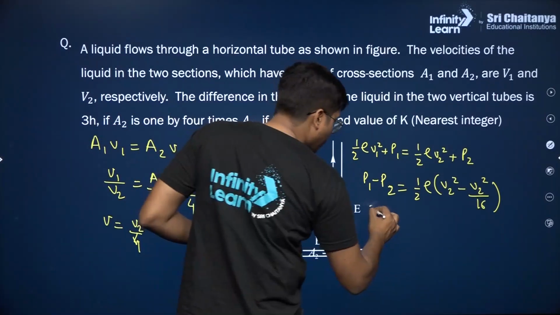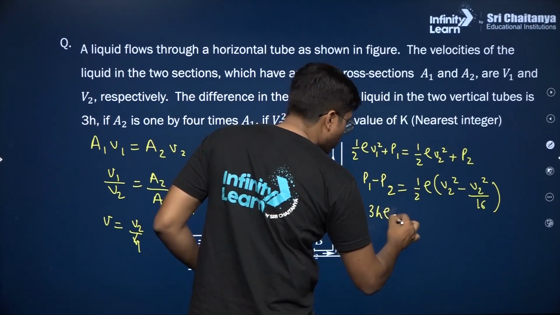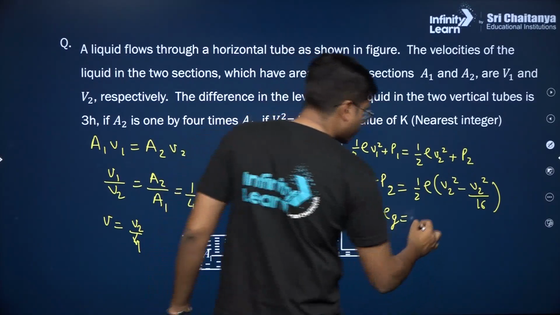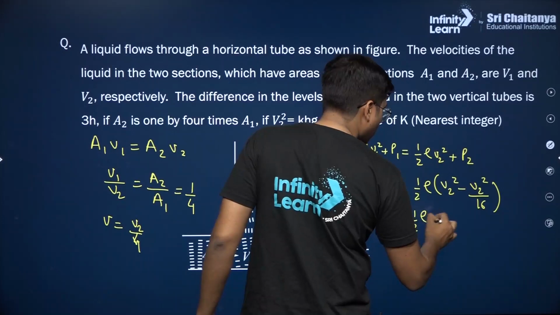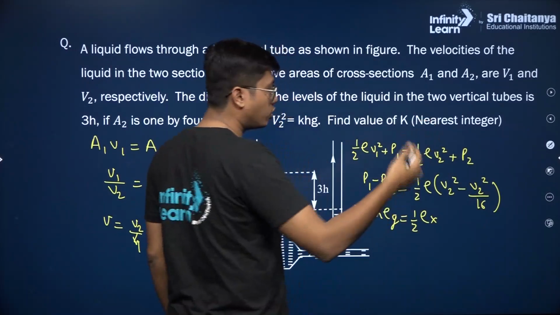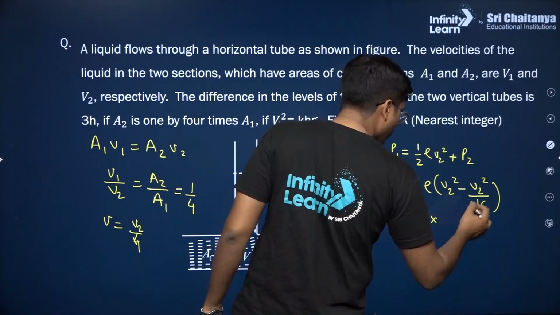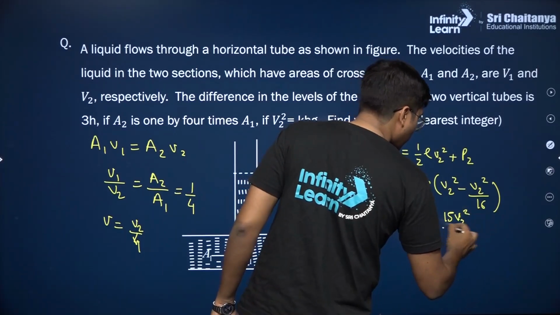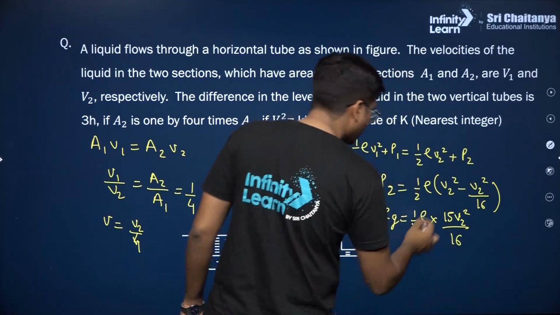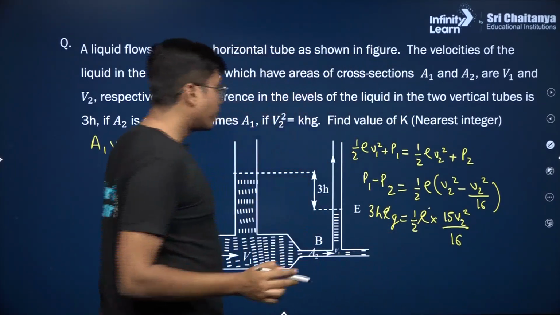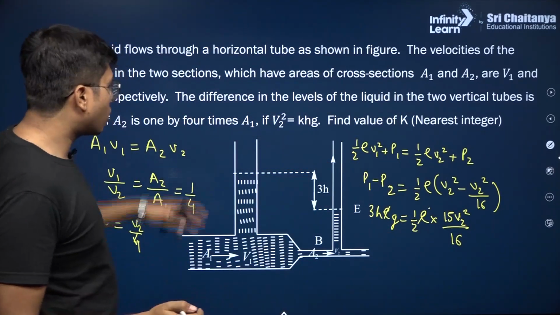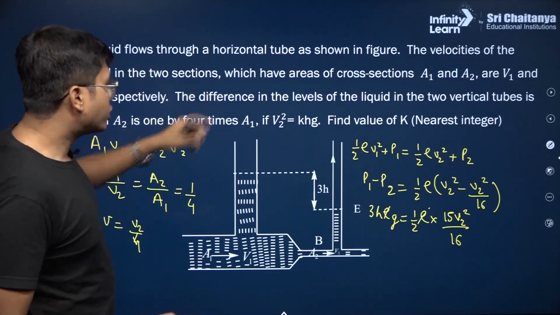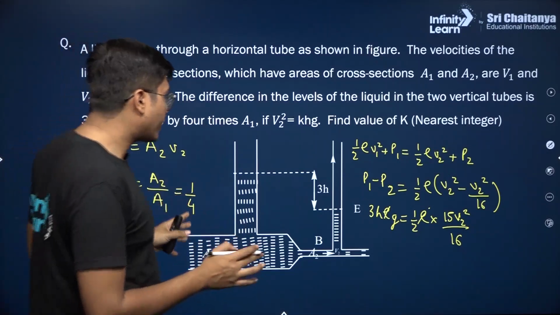So it's going to be 3h into rho g is equal to half rho into V2 square minus V2 square by 16, which is going to give you 15 V2 square by 16. Cancel out the rhos over here. We need to represent V2 in terms of H into G. So we seem to be already getting there.